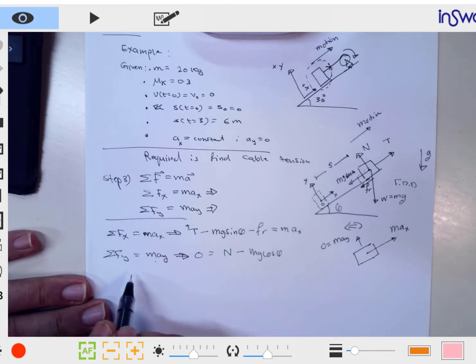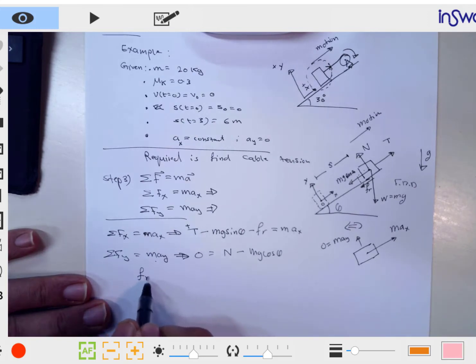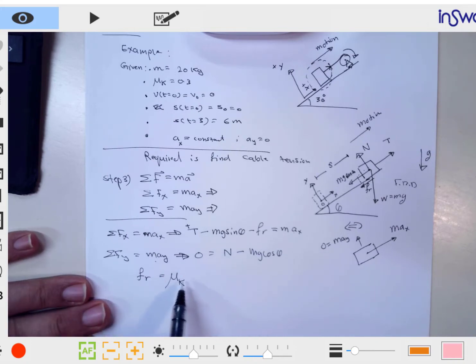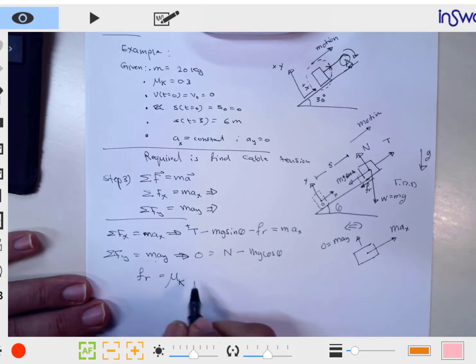Now, because this object is moving, the friction is equal to the coefficient of dynamic friction, μk, multiplied by the reaction force.